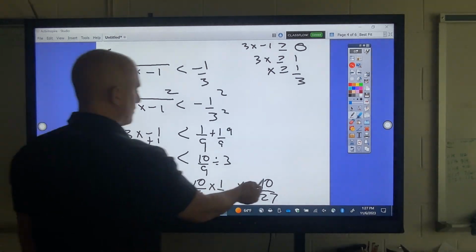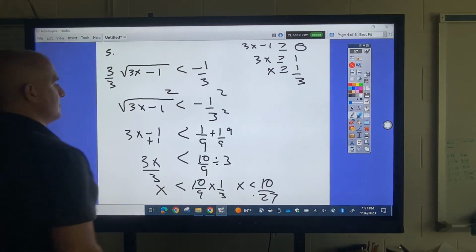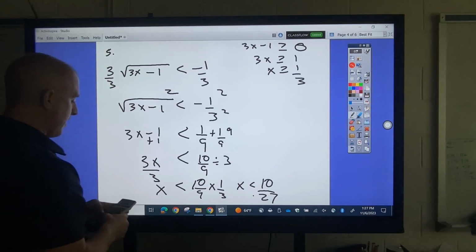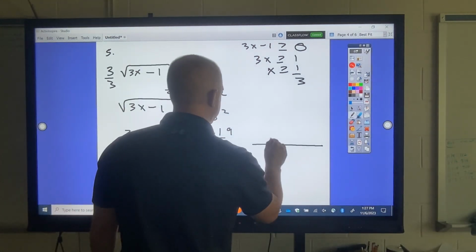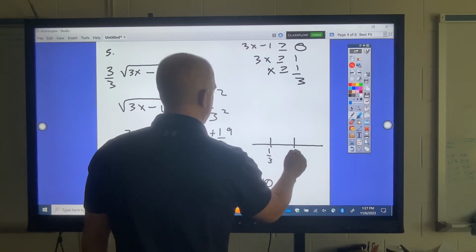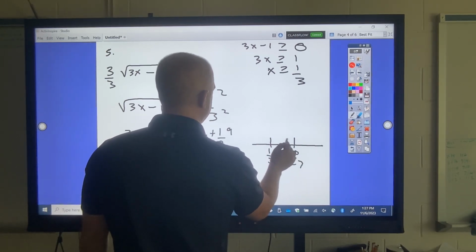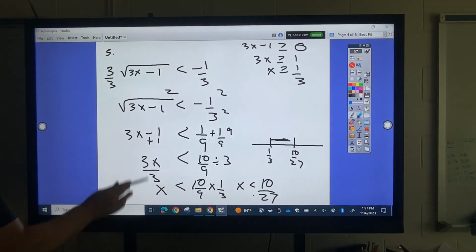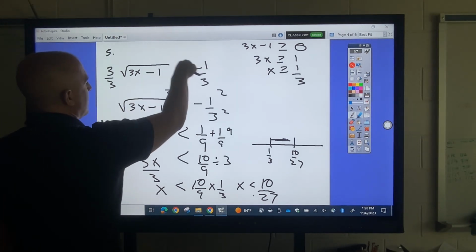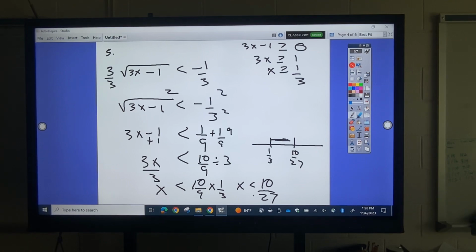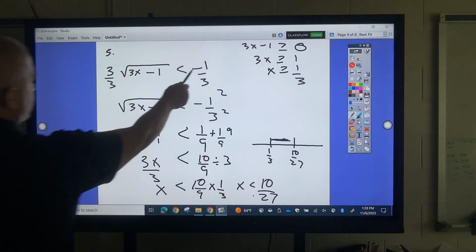One of the reasons why this answer doesn't work out is if I put this in here, a couple reasons. If I put that in there, even though I would get an answer, 10/27 is a little bit bigger than 1/3. So on the surface, this would be okay to be in here. The problem is if I put 10/27 in there, minus 1, I get something here, but I can't have something less than a negative number.